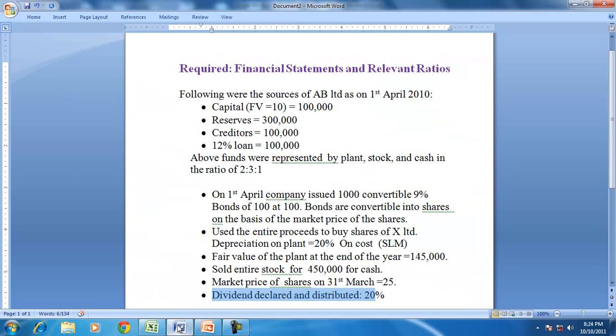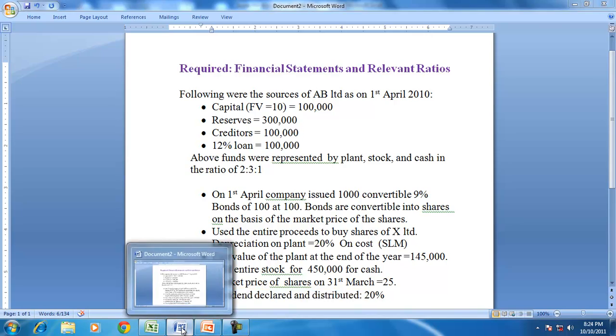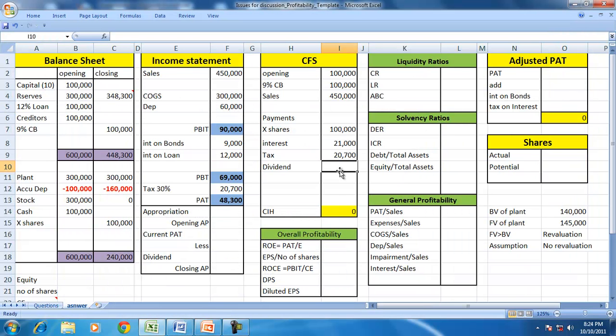Then we will see what is given. The company is declaring dividend. So the dividend is 20%. If no information given, we calculate the dividend on the opening capital, and in this case the capital is same, so 20,000, 20% on the capital of 100,000. So all the items taken care.